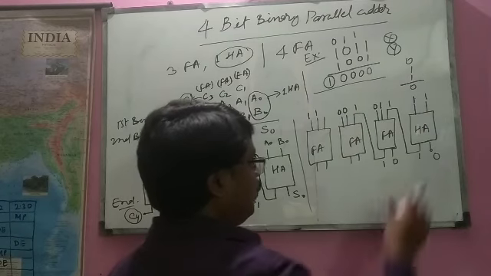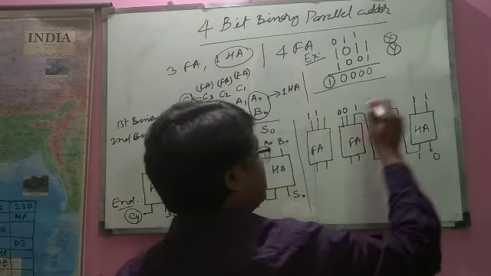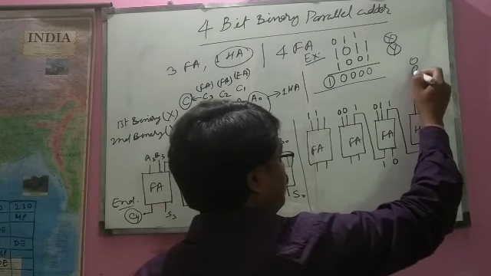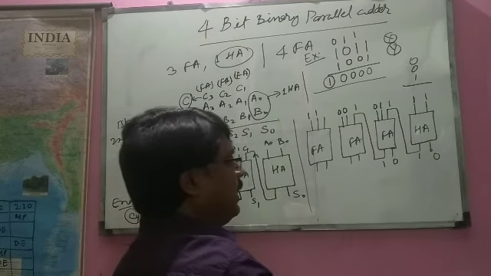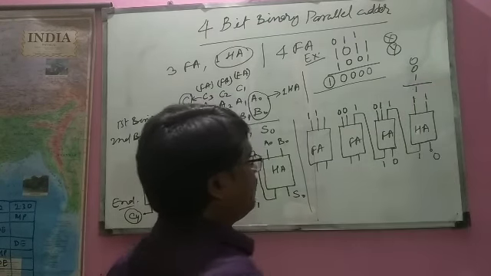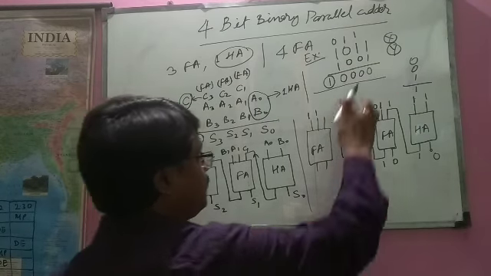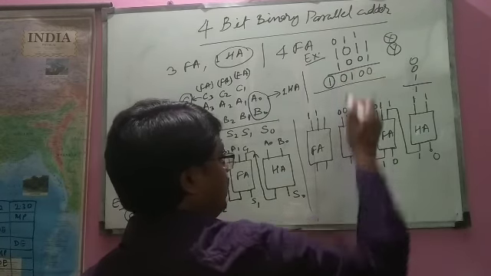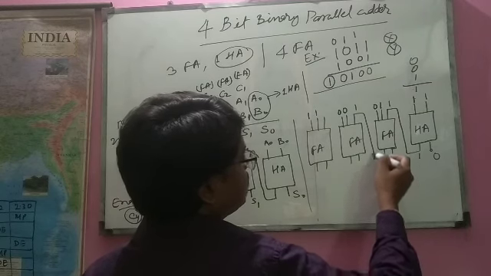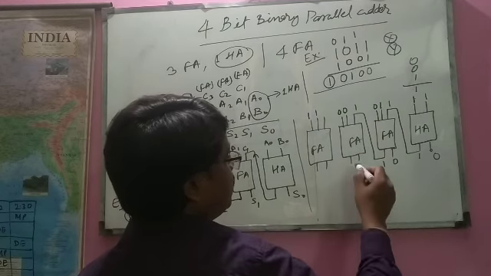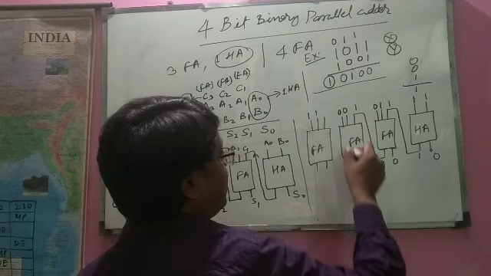Okay, and now it will add 0, 1, 1, and it will give the output 1. So here it is, sum is 1 and carry is 0.